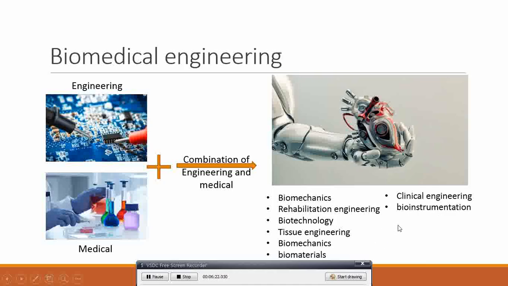These are the areas that are available. So if you're not further studying, you can also explore jobs in this particular area, because we have provided you with the knowledge that you will be able to join this kind of job.